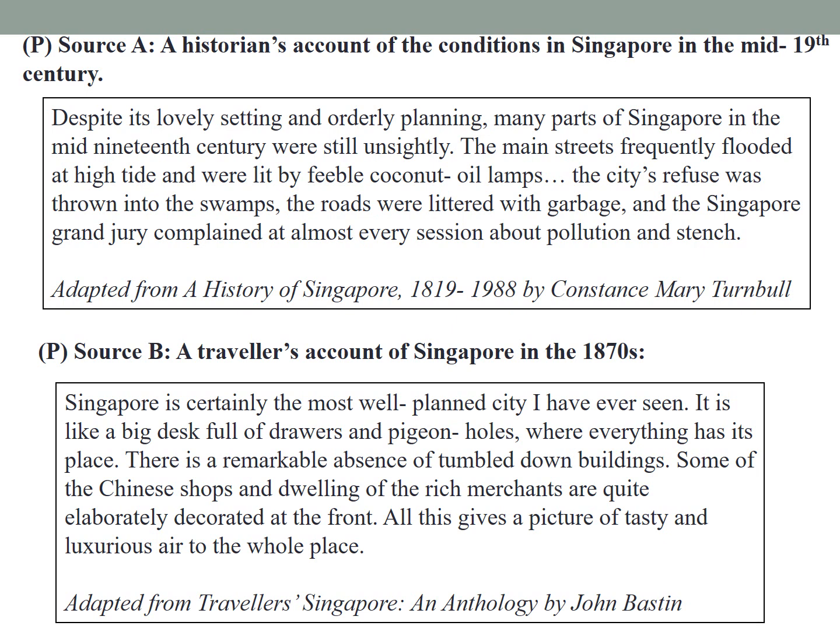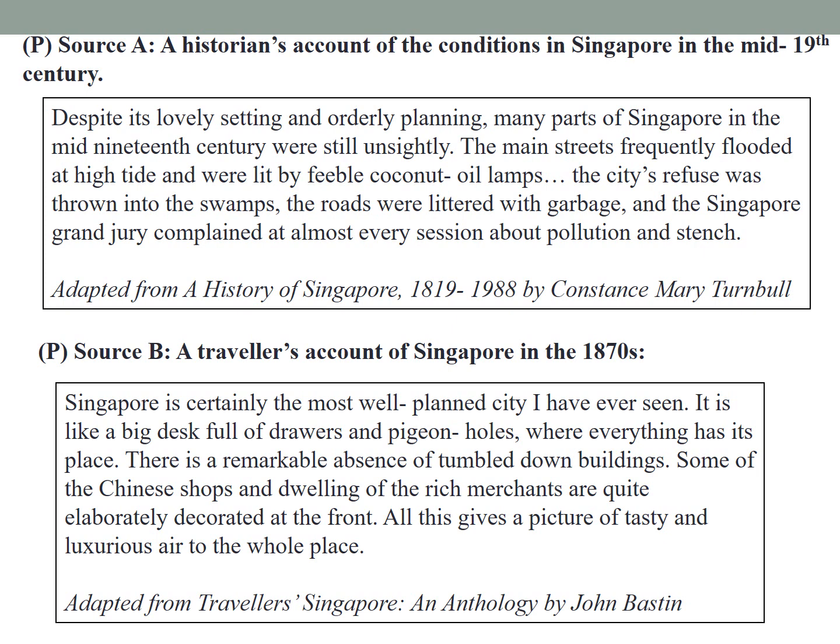Let's look at the source which is given to us, a source that we have done before. So the provenance basically tells me that it is a historian's account, meaning a historian who has studied the past, and that historian is writing a book or an article.